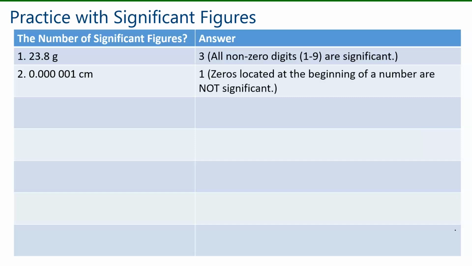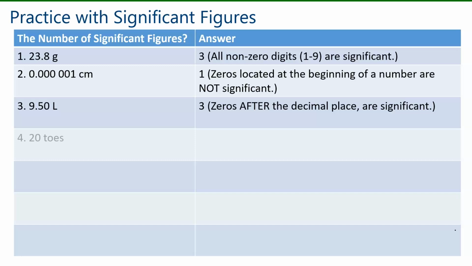This number has only 1 significant digit because zeros located at the beginning of a number that are spacers are not significant. Next, we have 9.50 liters. This number has 3 significant digits because digits after the decimal place that are not spacers, like in the example above, are significant.